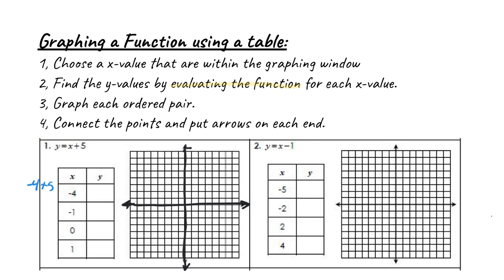Well, putting parentheses around what was the x. So -4 plus 5 gives me 1. So my y value is 1. When -4 is my x value, I put the -4 in for the x. I do the math, and then I get the answer as the y.